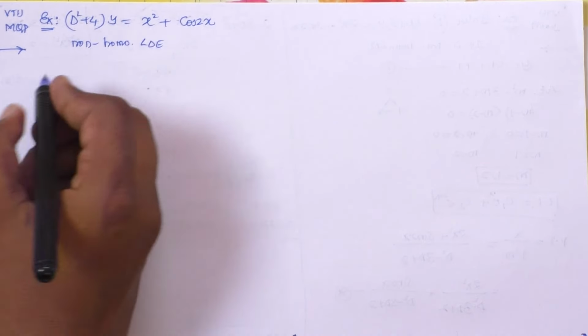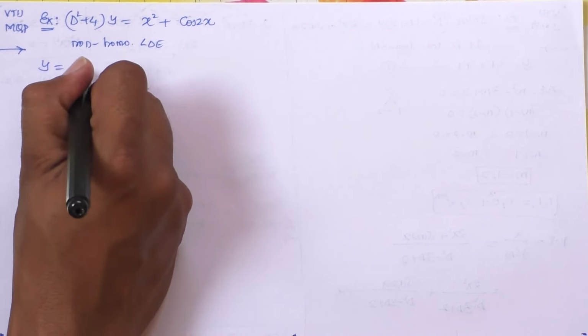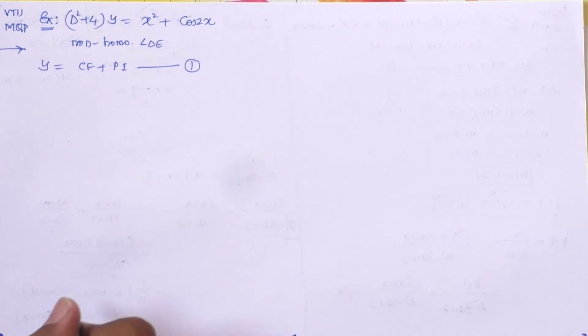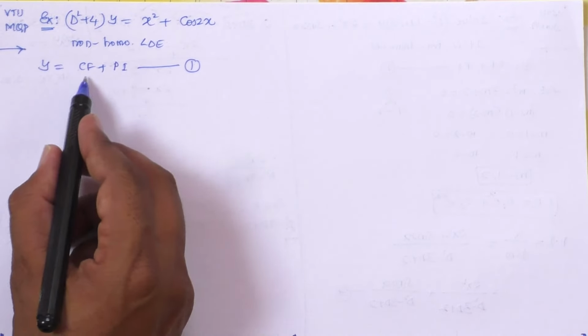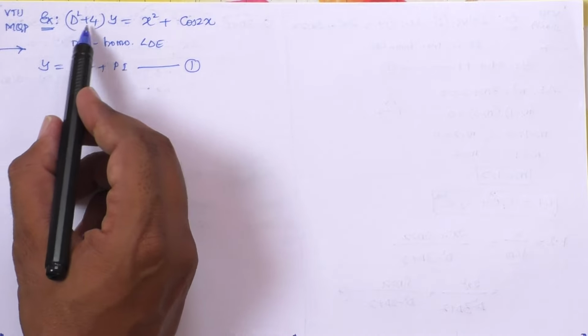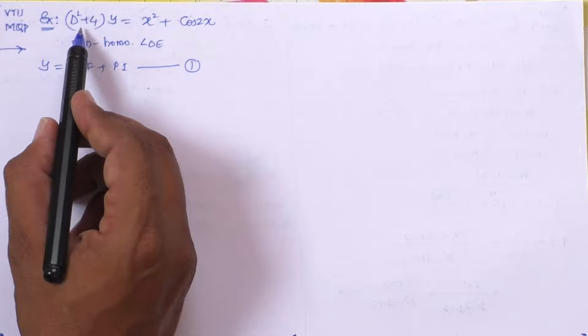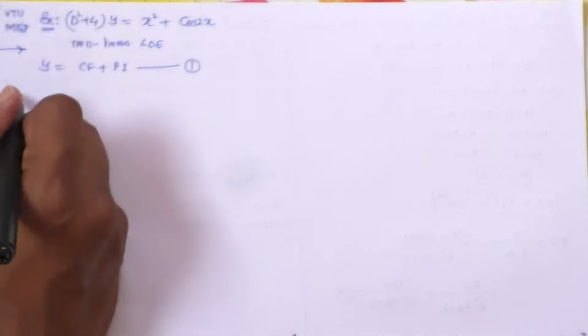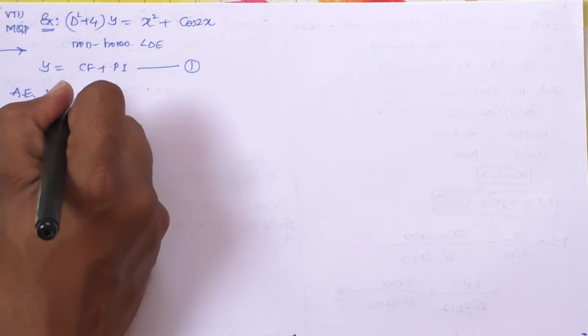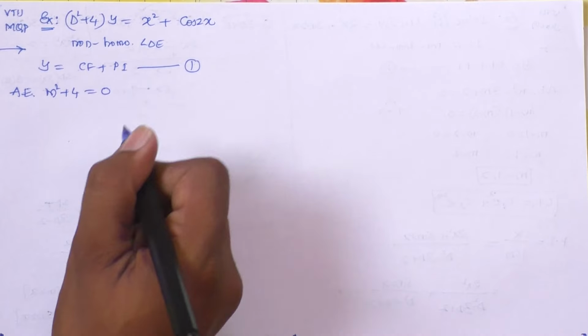If non-homogeneous, we write the solution y equal to CF plus PI. Take this as equation number 1. Now let us find CF and PI separately. For CF, refer to the LHS, replace D by m, and write the auxiliary equation. So the auxiliary equation is m square plus 4 equal to 0.